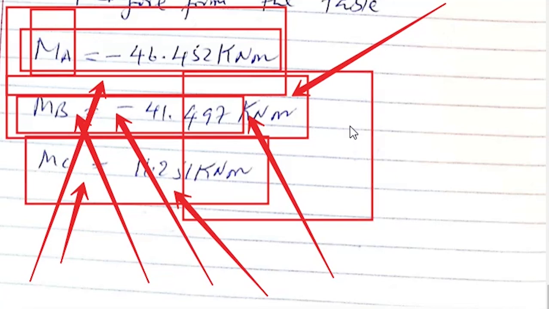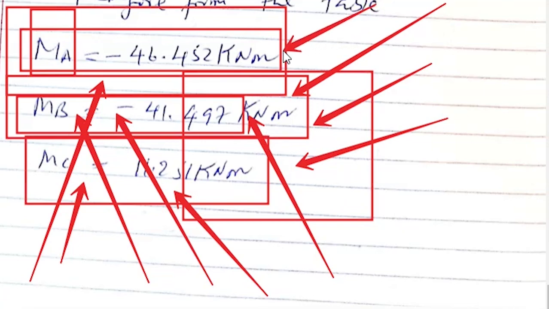So at equilibrium you can have two simultaneous equations which have the unknown values of reaction at B and C. On substituting each into the other through the moment and the force, you can have your reaction, and hence you can have your shear force at the support, and you can draw your bending moment diagram.